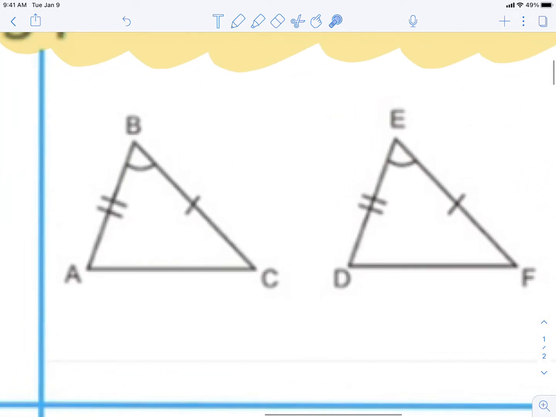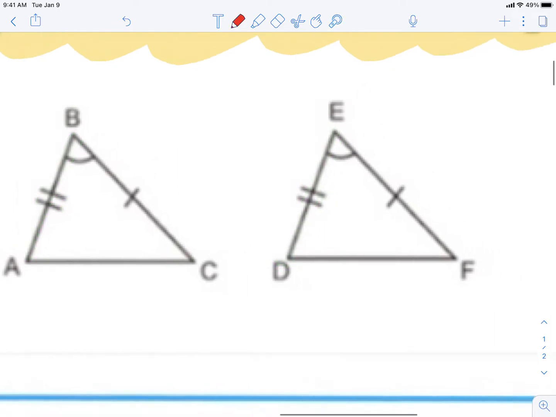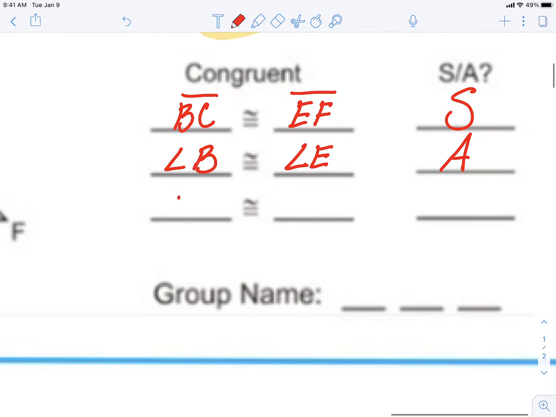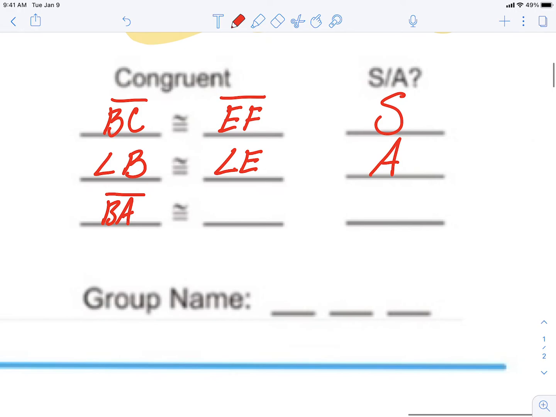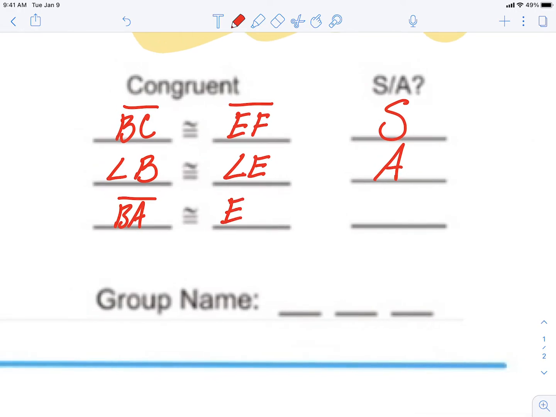Finally, we have our double dash, which is from A to B, congruent to this double dash, which is E to D. So B to A is congruent to E to D, and that's also a side, because those are dashes.